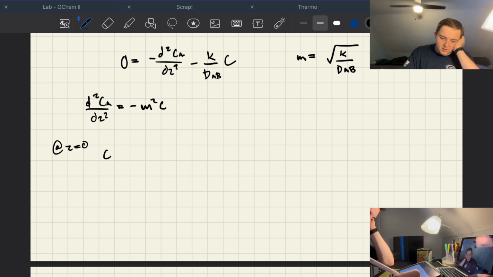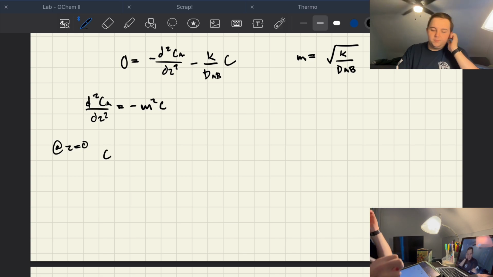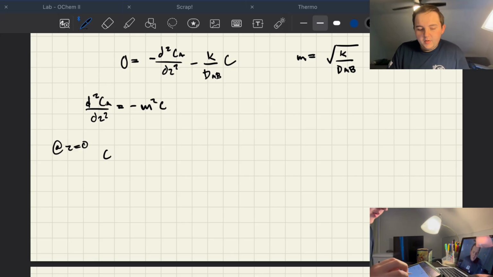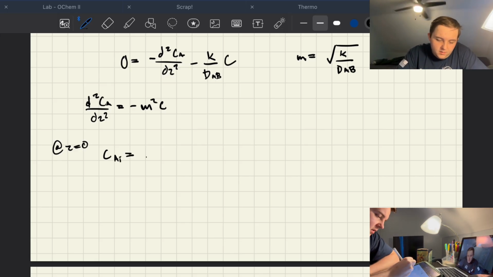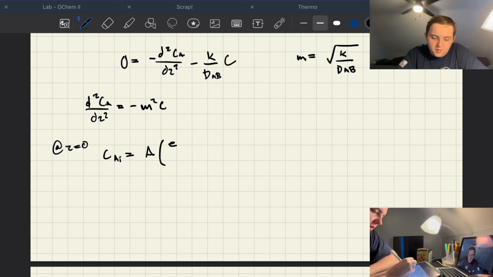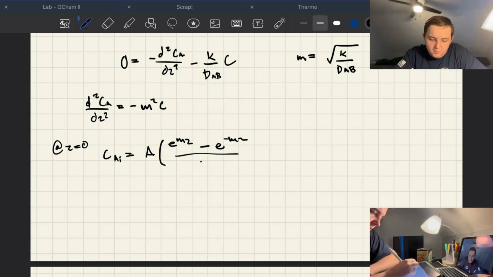So when z is equal to 0, since we've got to find our CAI value, that will be equal to A, and then we've got to use our hyperbolic sine and cosine rules, so we're going to get e to the mz minus e to the negative mz over 2, and then we need to do it one more time.